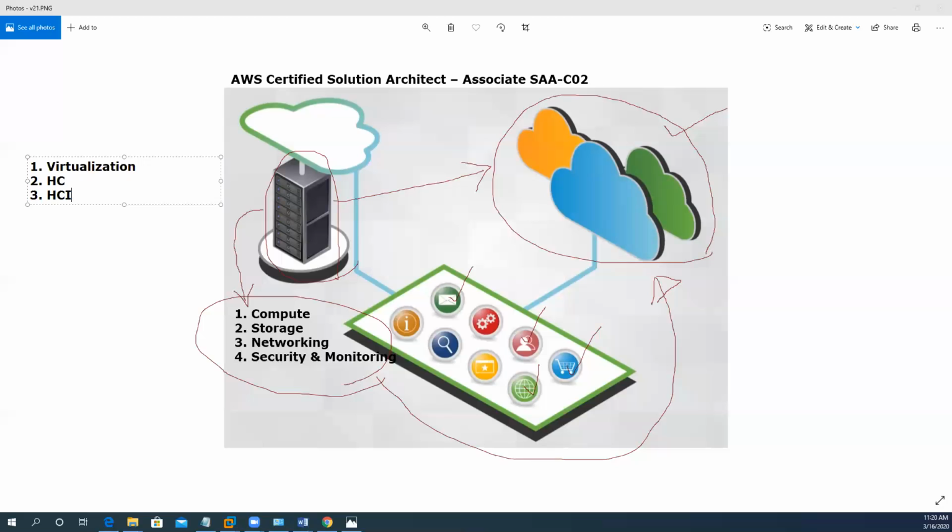So step by step we are moving towards cloud technology, and by utilizing virtualization technology, converged technology, and hyper converged infrastructure technology, we introduced new terms into the IT infrastructure, like software defined networking, software defined data centers, or software defined storage.